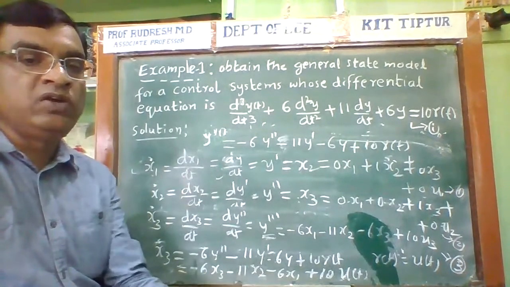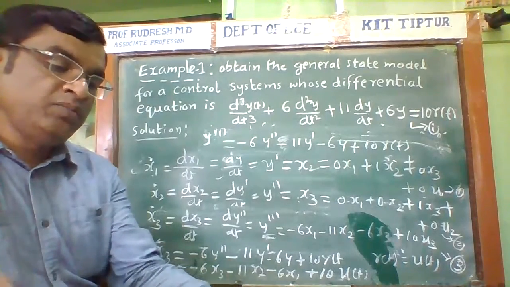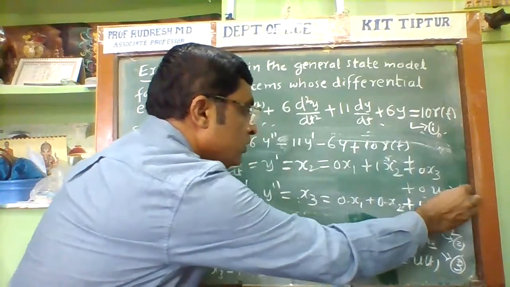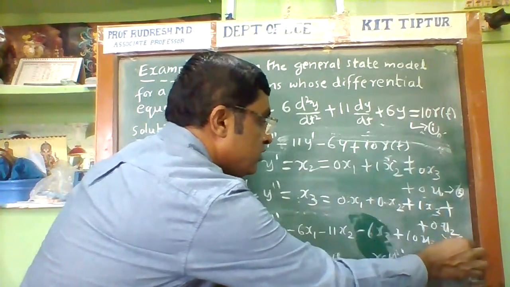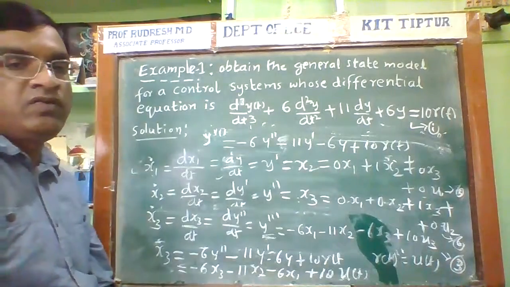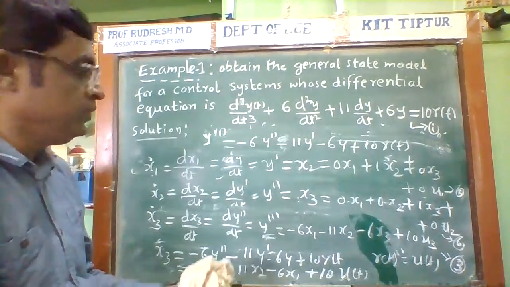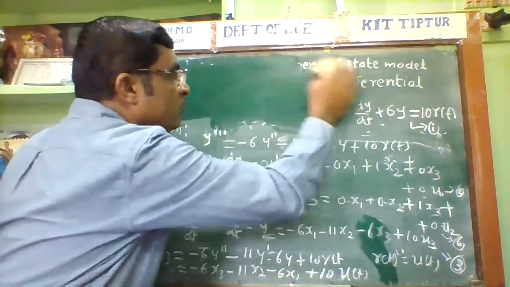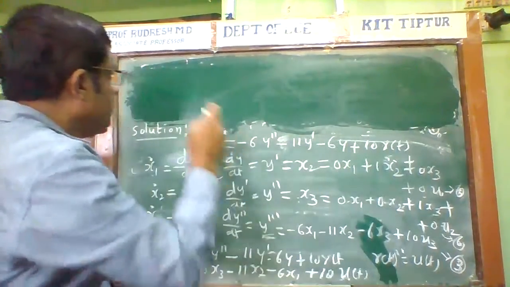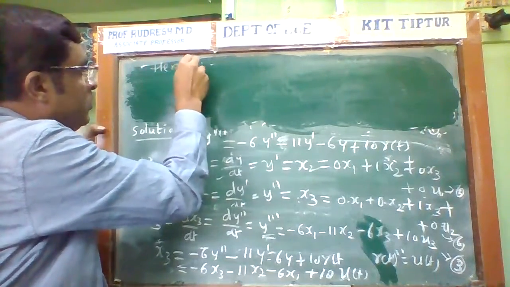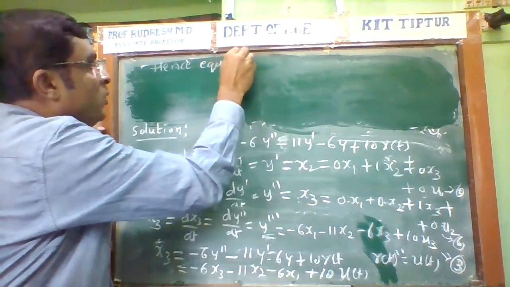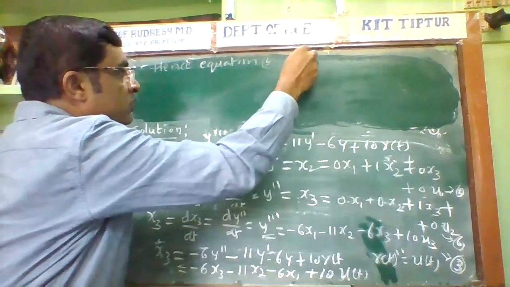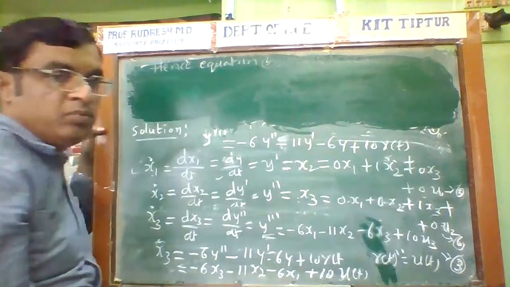Equations 1, 2, 3 can be written in matrix form, and likewise equations 5, 6, 7 can be written in matrix form.